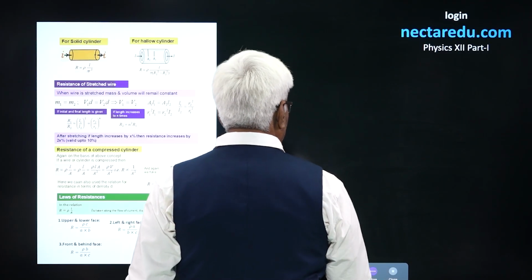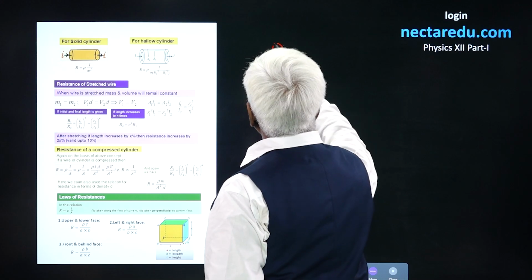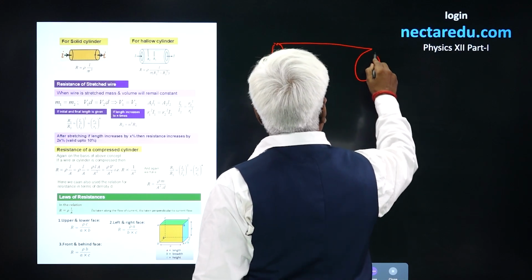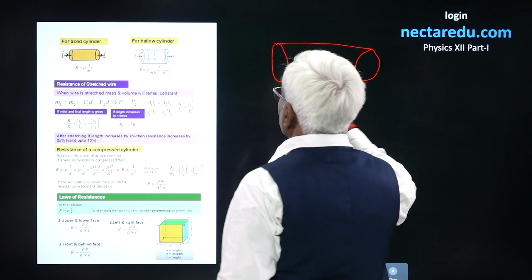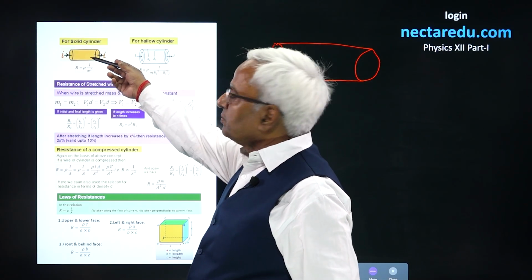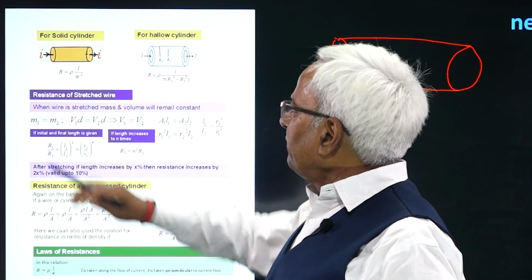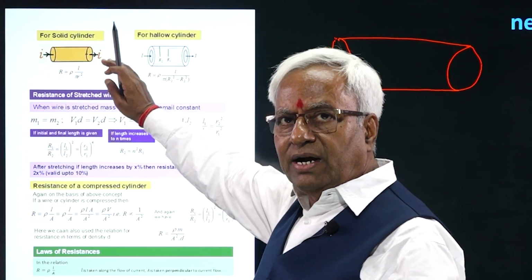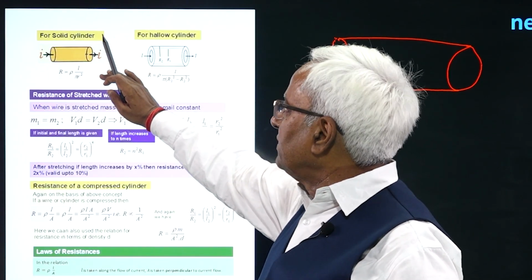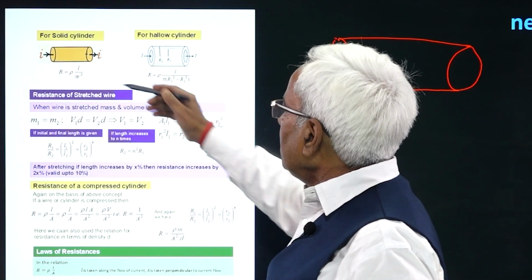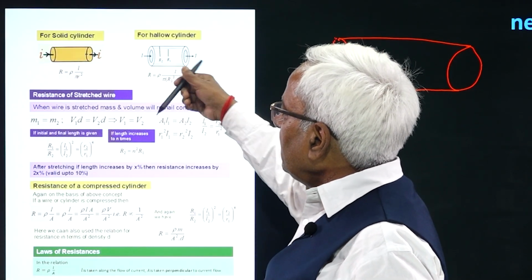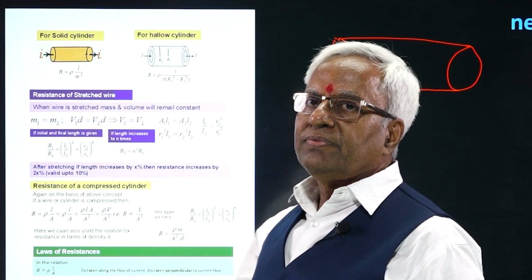Then I would consider cylindrical conductors. Let's suppose it is a solid cylinder. If it is completely filled, then only you would call it a solid cylinder. In that case, length L and cross-sectional area.